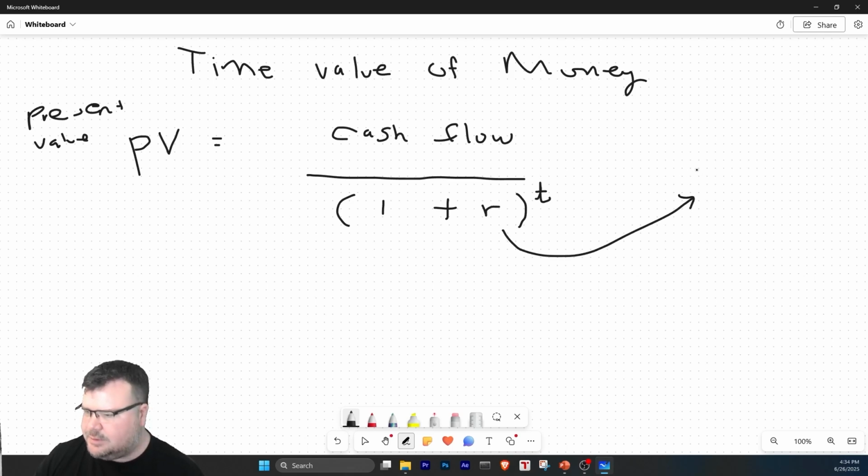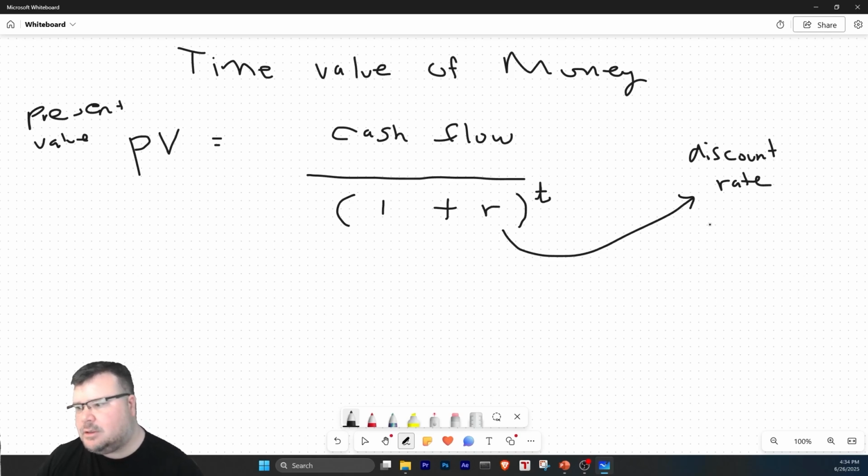R is the discount rate. And R could be considered the opportunity cost. I don't get into that kind of level of understanding, but know that this is the equation for present value.